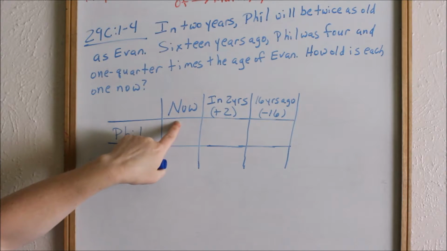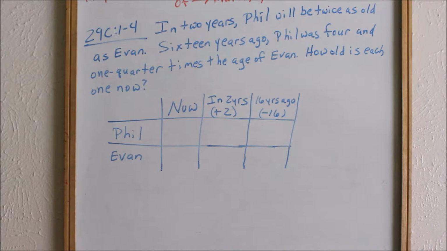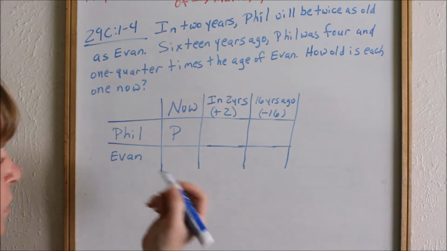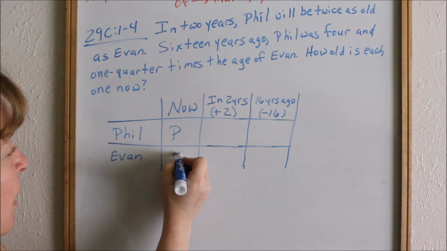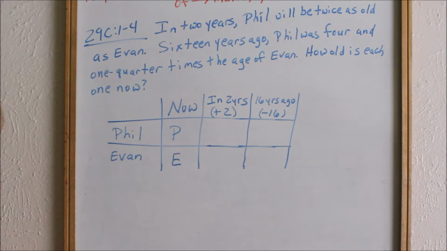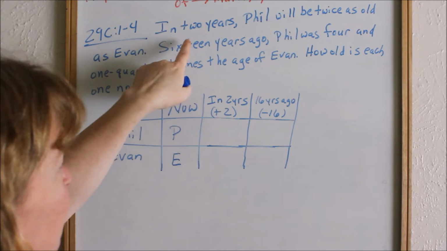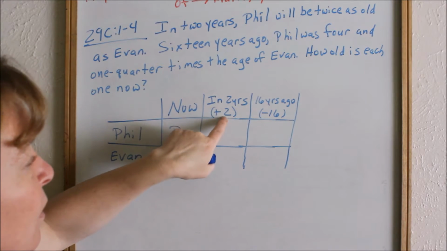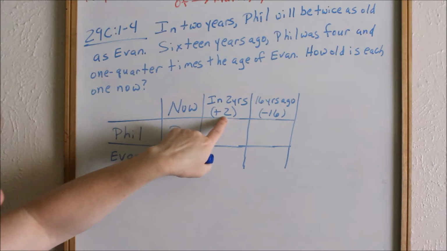So again, I set up a chart and I'm always going to start with now. So do we know how old Phil and Evan are now? No. So we assign a variable. Phil, we're just going to call him P. That's how old he is now. And Evan, he's E. That's how old he is now. So in 2 years in the future, they're going to be plus 2 years older.